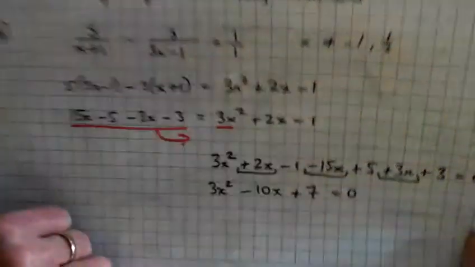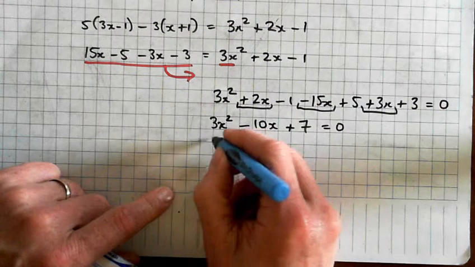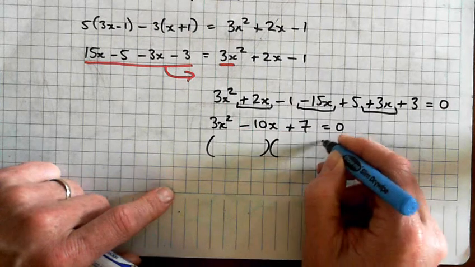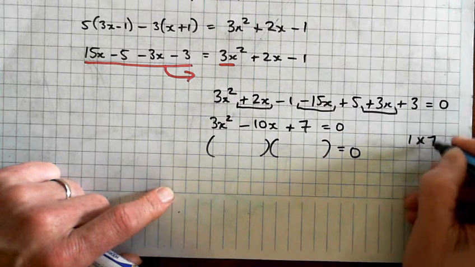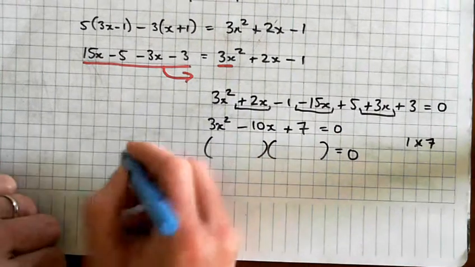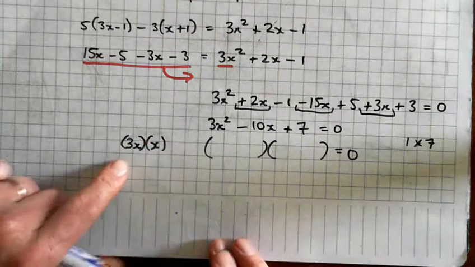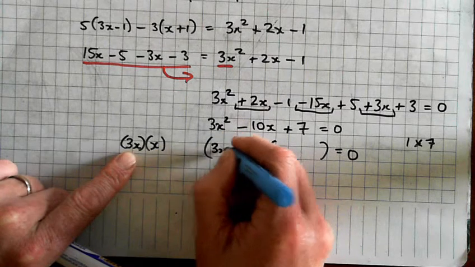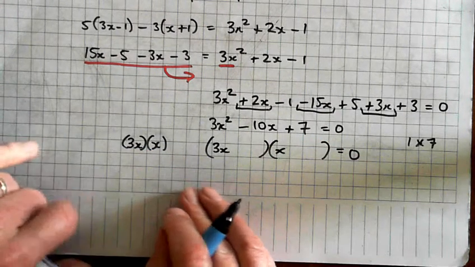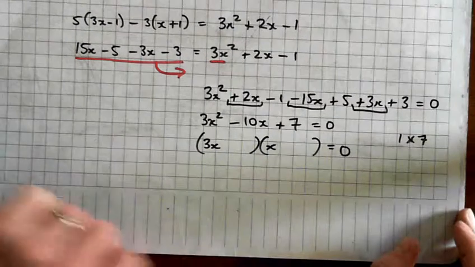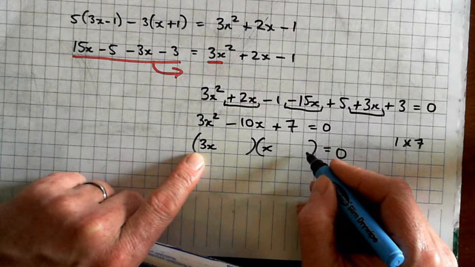Now we need to try by using just factorizing. Factors of 7 are just 1 times 7, aren't they? Factors of 3x squared are 3x times x. So we've got 3x here. X goes there. Now we have to figure out where the 1 and the 7 go. So if I put 3 times 7, I'll get 21.